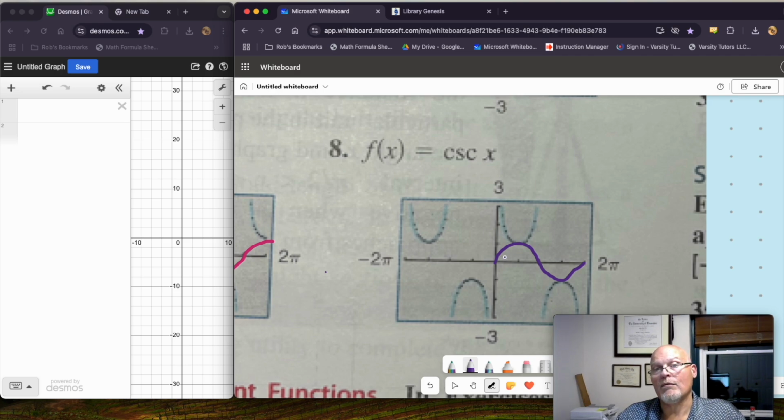So for the same thing, we're going to have our vertical asymptotes where the function is 0. We're going to have 1 where the function is 1, and we're going to transition the same. And as soon as we switch from the sign being positive to negative, but close to 0, we go from positive infinity and then start over at negative infinity. And that's why that behavior looks like that.